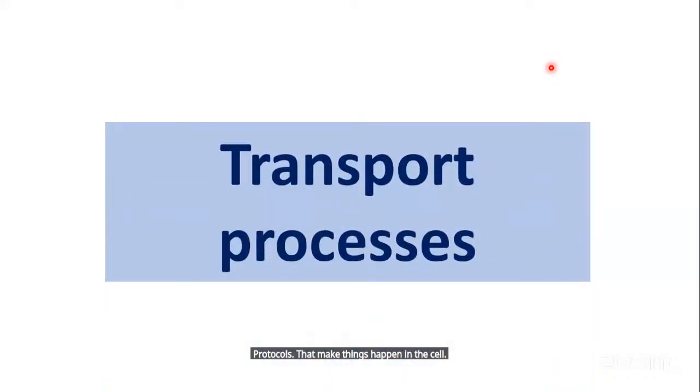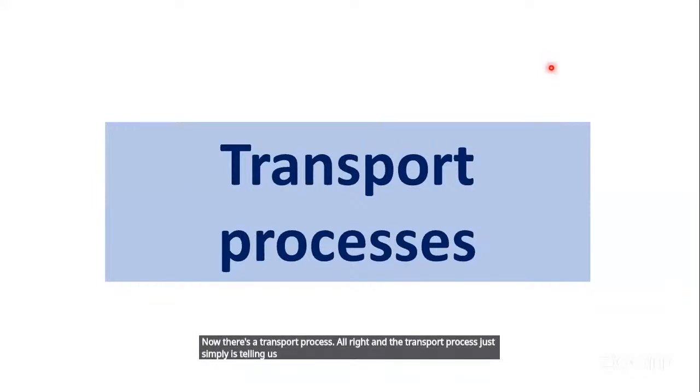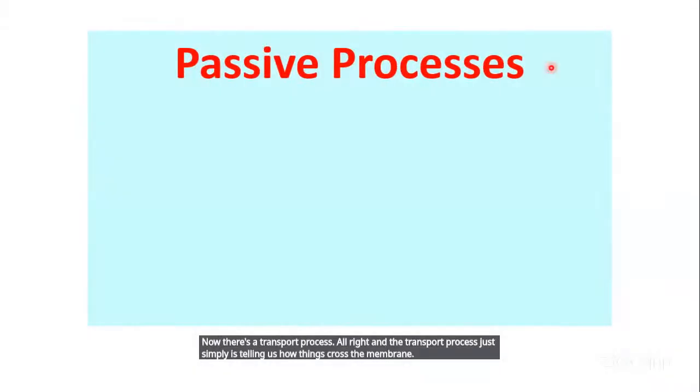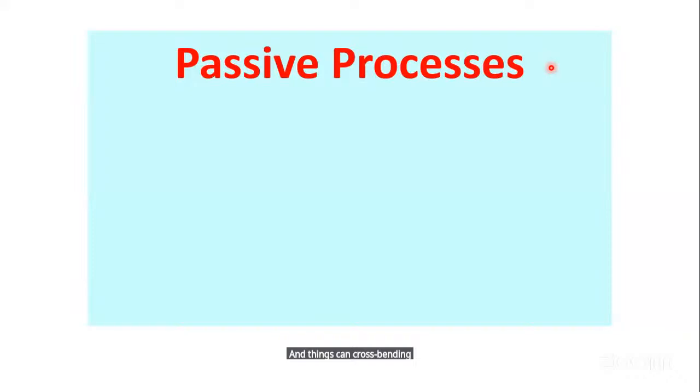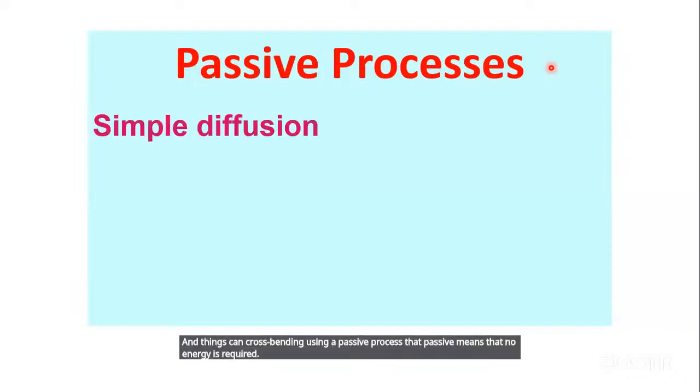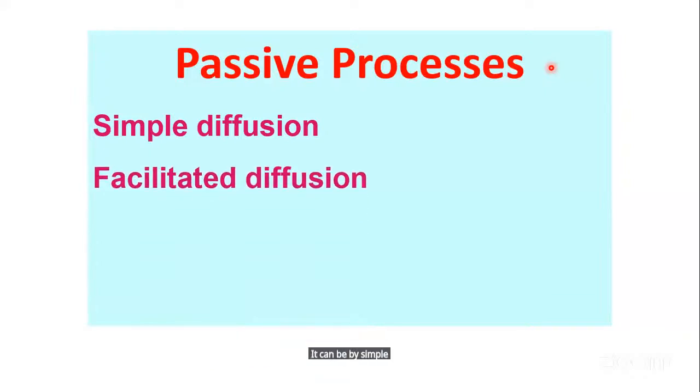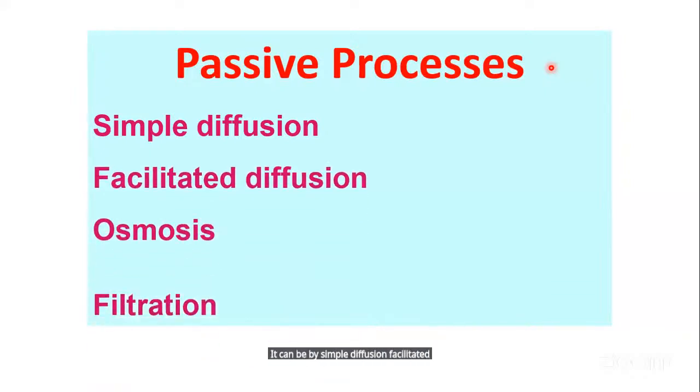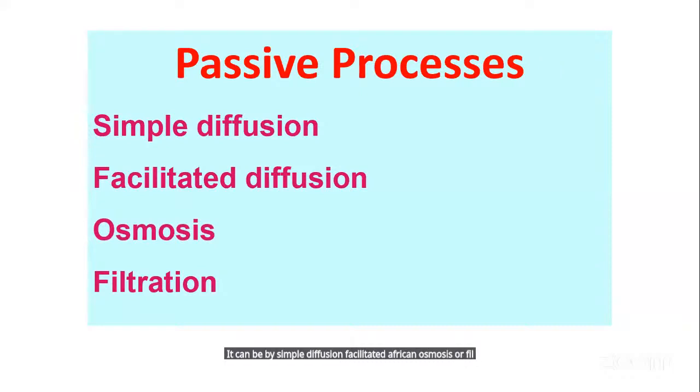Now, there's a transport process, all right? The transport process is simply telling us how things cross the membrane. Things can cross the membrane in a passive process. Passive means that no energy is required. It can be by simple diffusion, facilitated diffusion, osmosis, or filtration.